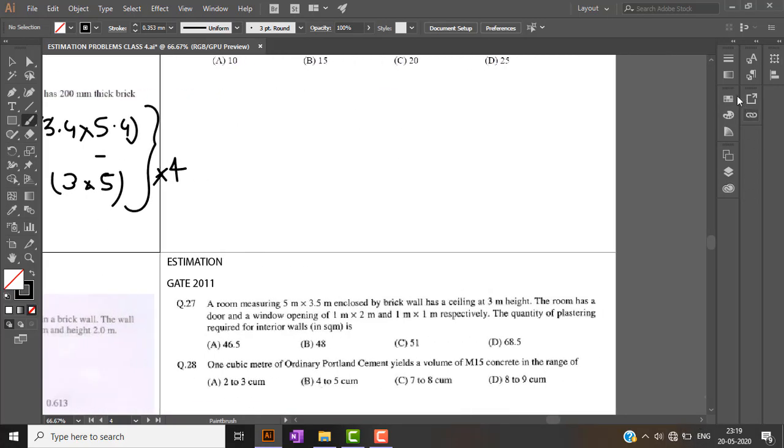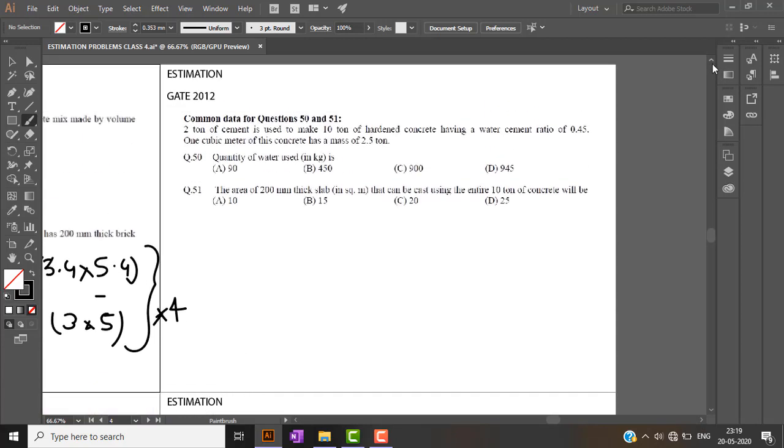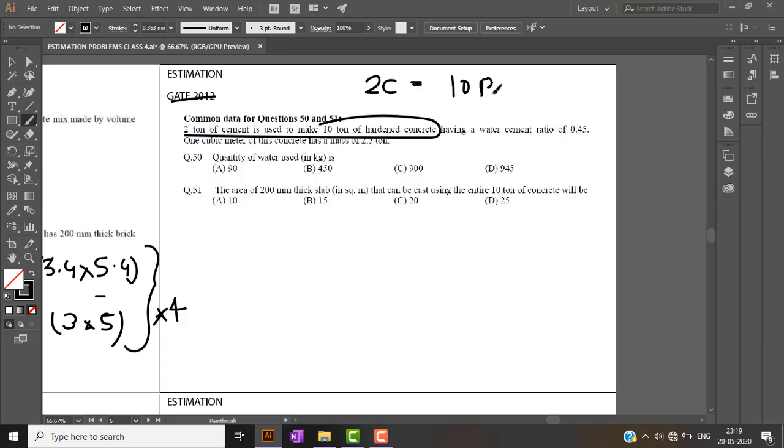So now let's carry on with the next question. It's a linked question from GATE 2012. 2 ton of cement is used to make 10 ton of hardened concrete, 10 ton of RCC, having water cement ratio 0.45.